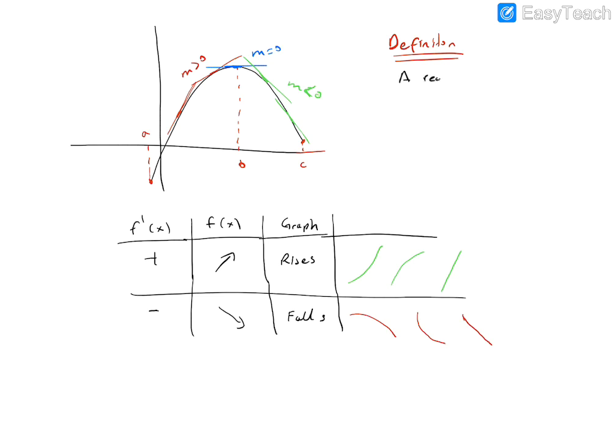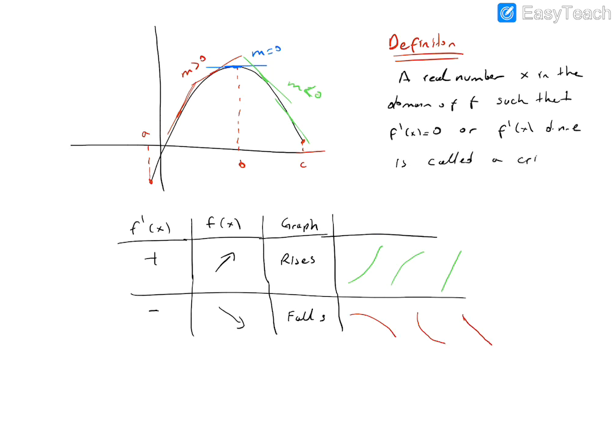A real number x in the domain of f such that either f prime of x equals 0 or f prime of x does not exist is called a critical number of f.